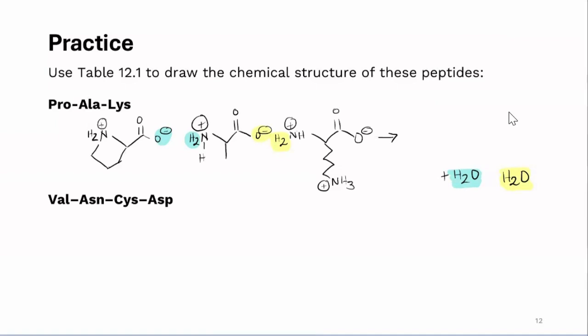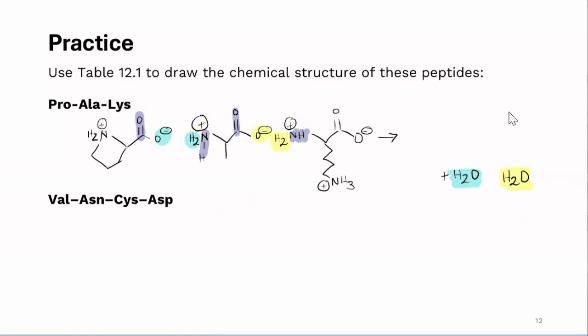Now, in essence, to draw this peptide, all we have to do is now write amides from this C double bond connected to this NH. We're going to write another amide where this C double bond O is connected to this NH. Understand that once we make that peptide bond or that peptide linkage, the nitrogen no longer is going to have that positive charge.